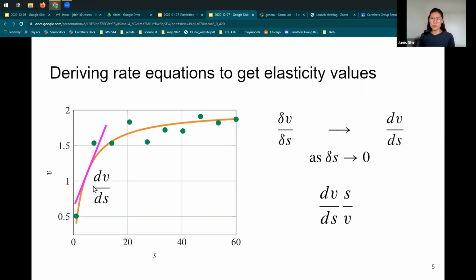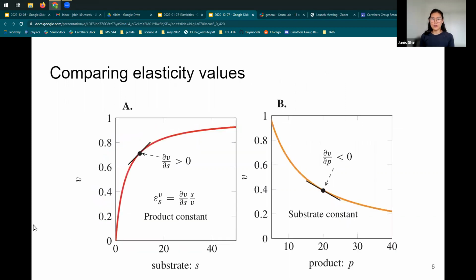Here I want to stress that elasticity is not a single constant, but a range of constants where individual values depend on the effector concentrations. Larger elasticities signify larger effects of the effector molecules on the reaction rate, and effectors that increase reaction rates will have positive elasticities, for example reactants, and effectors that decrease reaction rates will have negative elasticities, like products.